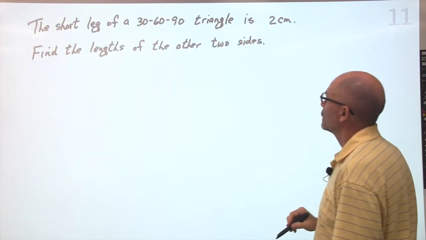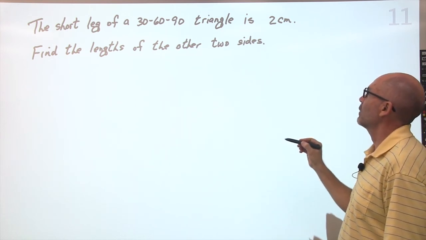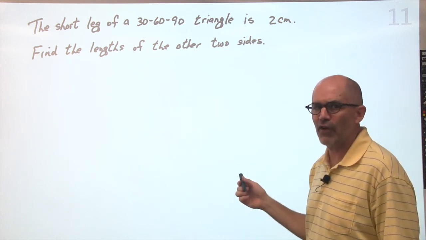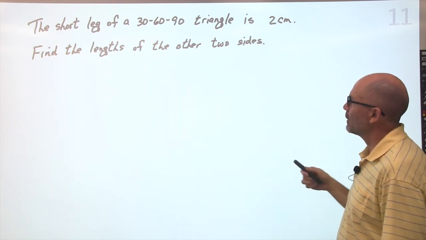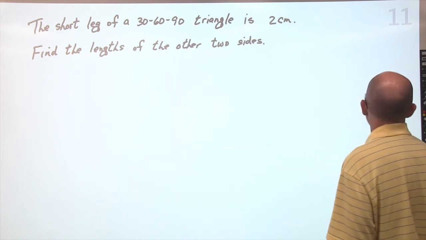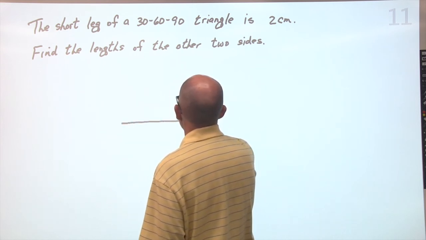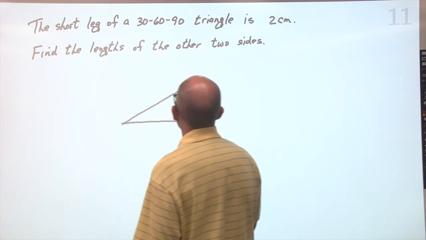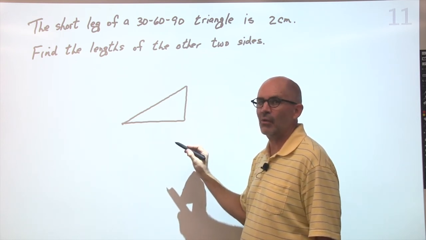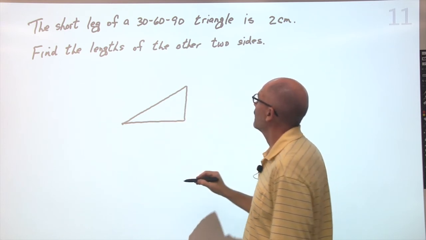Okay, what about if the short leg of a 30, 60, 90 triangle is 2 centimeters? So this triangle is in France, of course. Okay, so we need the lengths of the other 2 sides. All right, so let's draw our triangle. So we draw our 30, 60, 90 right triangle, and you want to try to draw your 30, 60, 90 to scale so that you can tell the difference between the short side and the long side.